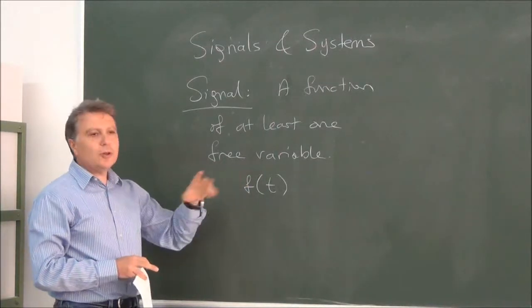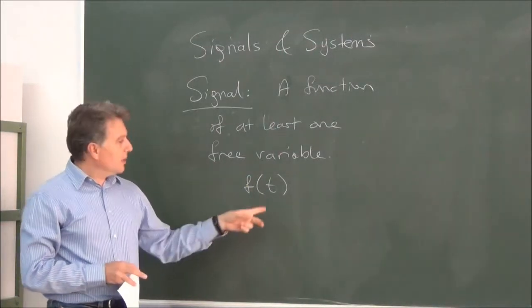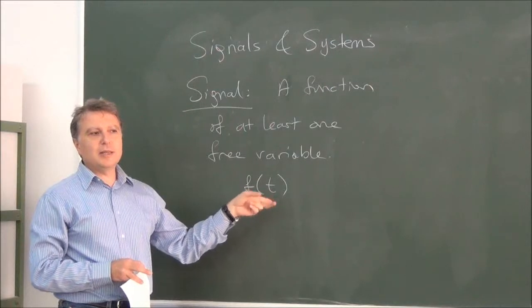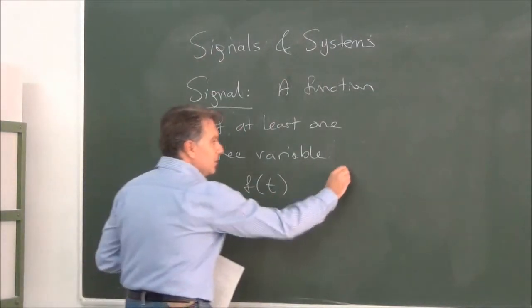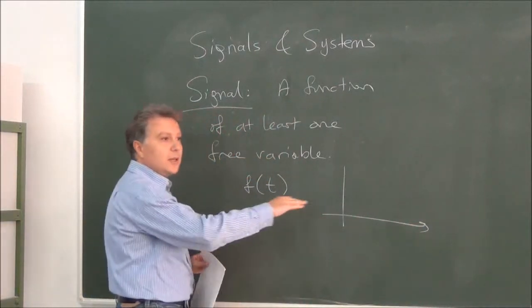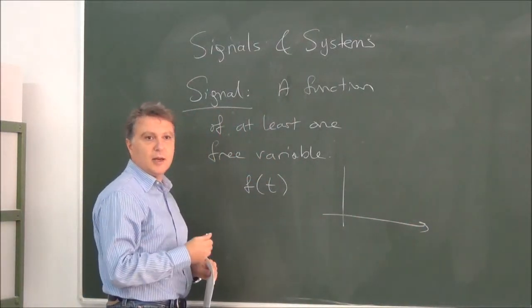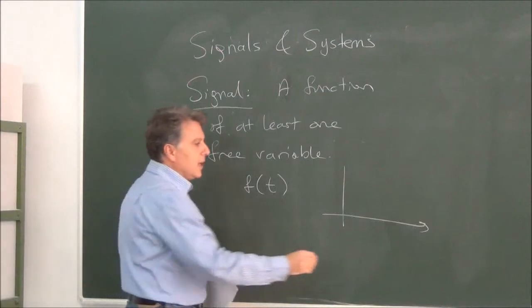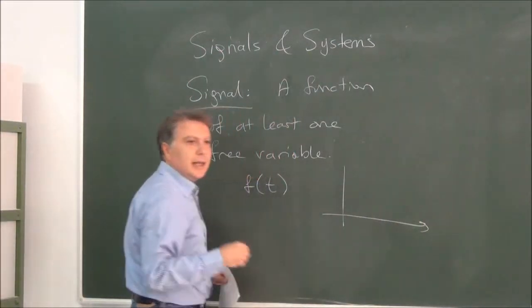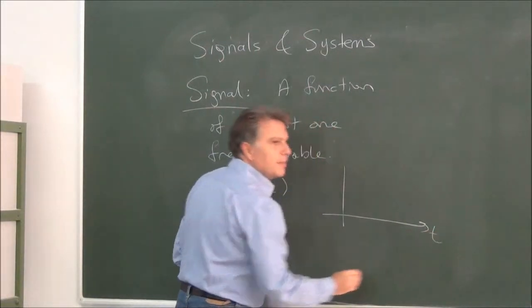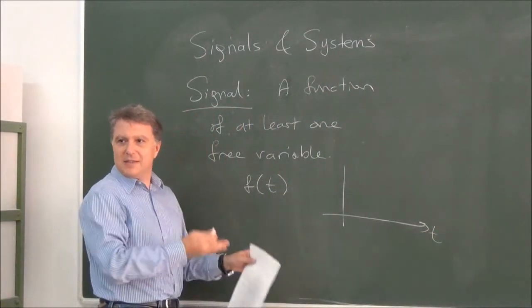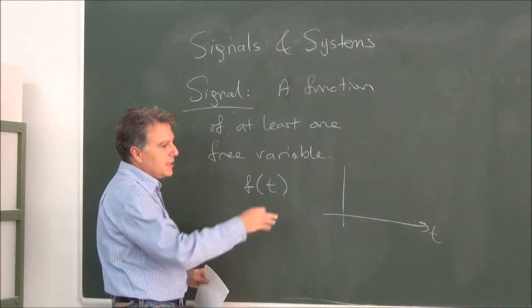And we will notate, although it may or may not be time, the free variable will usually be notated as time. But we all know that it's only the horizontal axis that we are considering in a one-dimensional signal, and whatever that axis name is, that is the free variable. But we will call it time. It may or may not be time in physical reality. We'll just say it t.